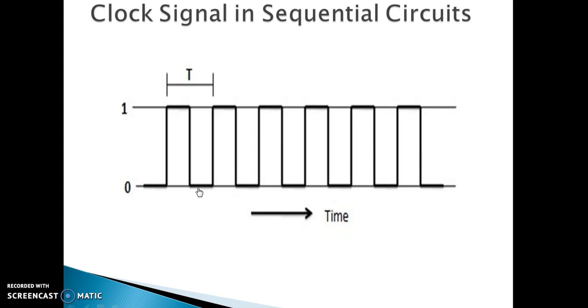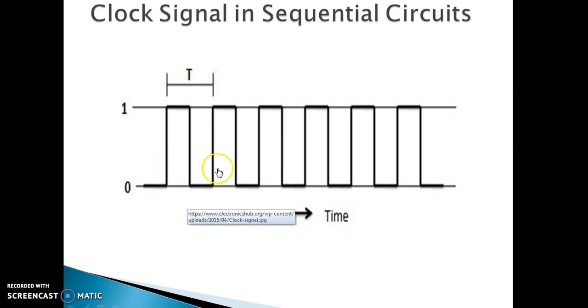The clock signal controls the output of the sequential circuit. That is, it determines when and how the memory elements change their output. If a sequential circuit does not have a clock input, the output of the circuit will change randomly, so that it cannot retain its state till the next input signal arrives. But a sequential circuit with a clock input will retain its state till the next clock edge occurs.